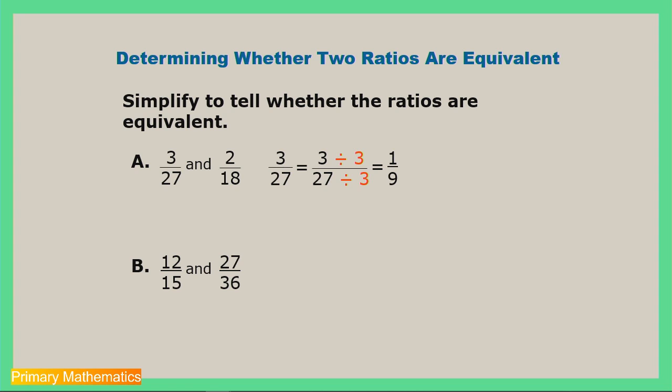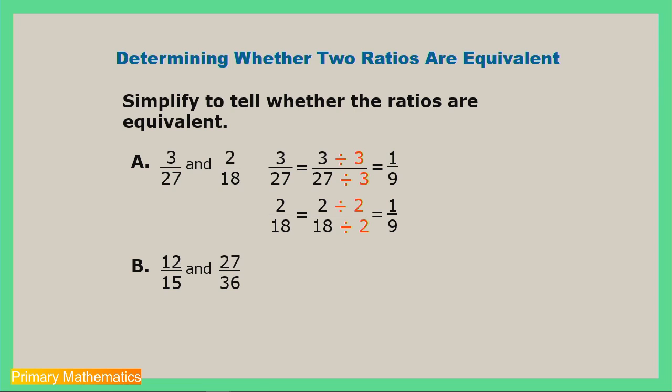We would end up with 1/9. Then 2/18. We're dividing both the numerator and the denominator by 2. Did we get 1/9?